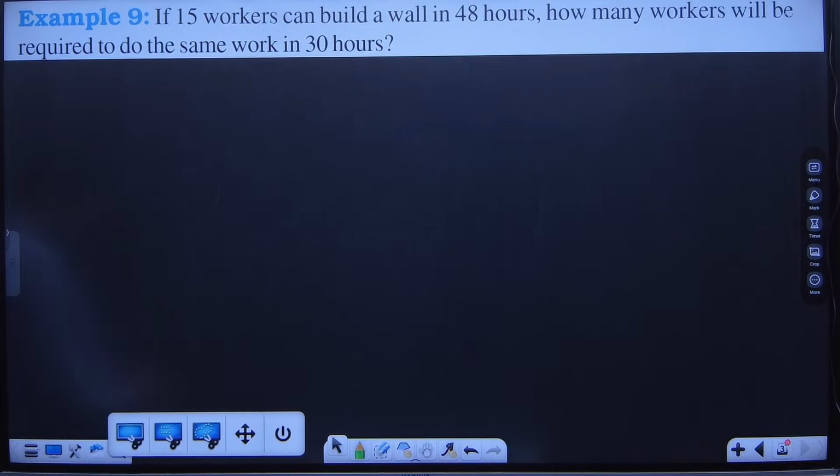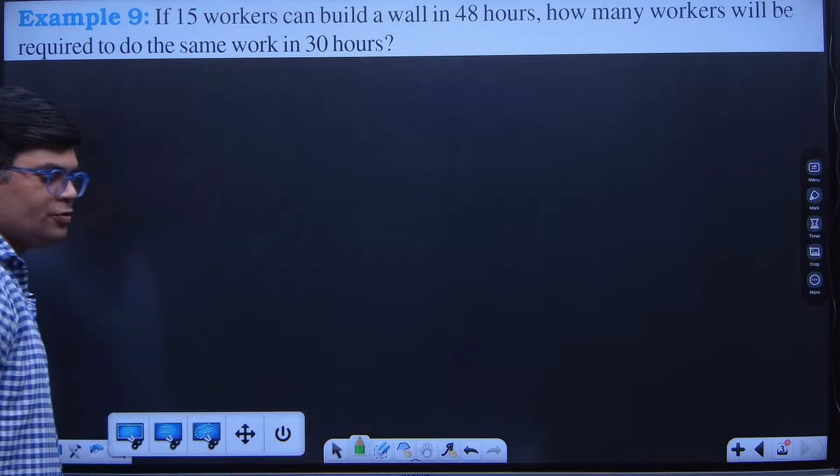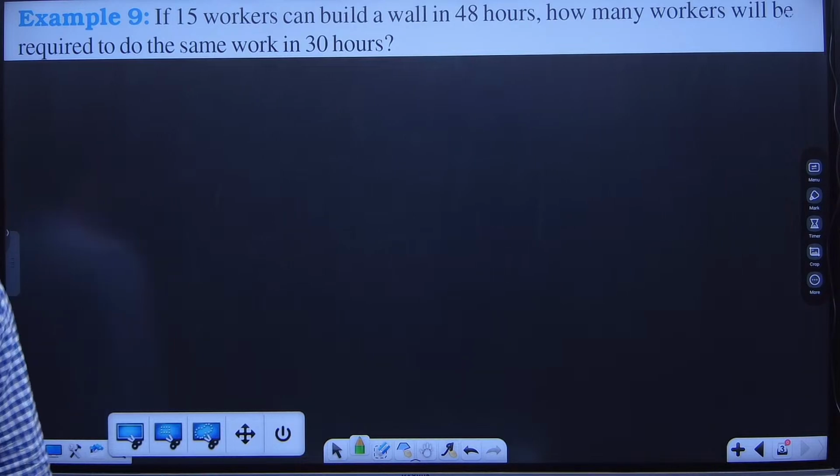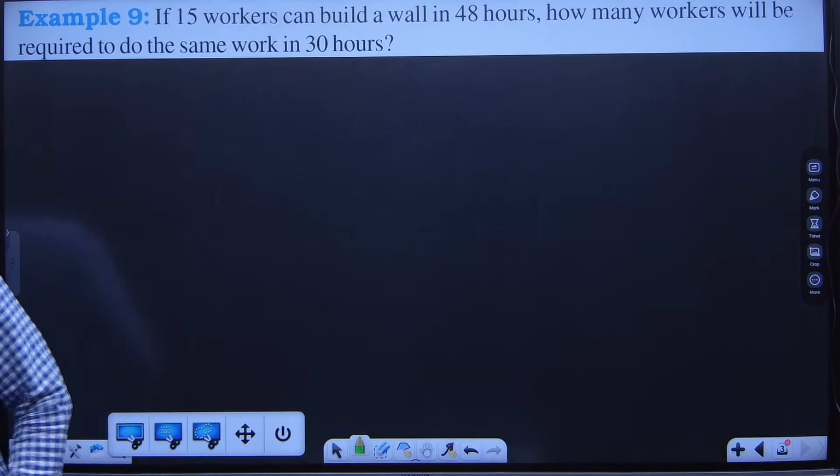Yes, sir, I can see the question. Can you read it for me? If 15 workers can build a wall in 48 hours, how many workers will be required to do the same work in 30 hours? Is this a case of direct proportion or inverse proportion? Sir, inverse. Why are you saying so?